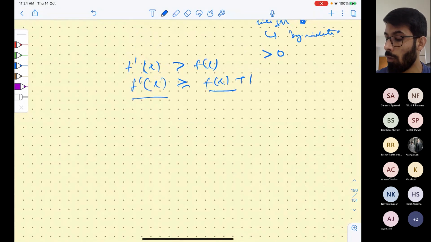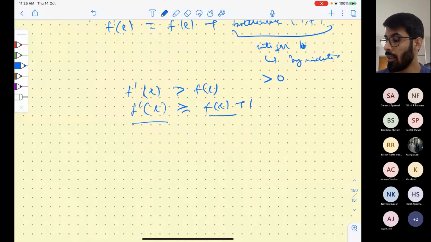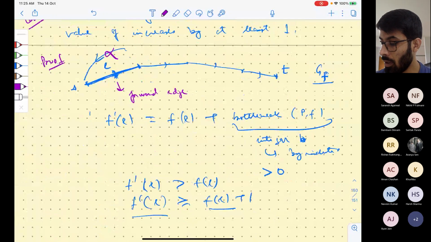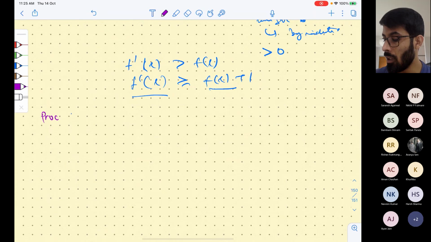Since the value of the flow increases by at least 1 each time it gets augmented, and initially it's 0, here is the proof of termination.